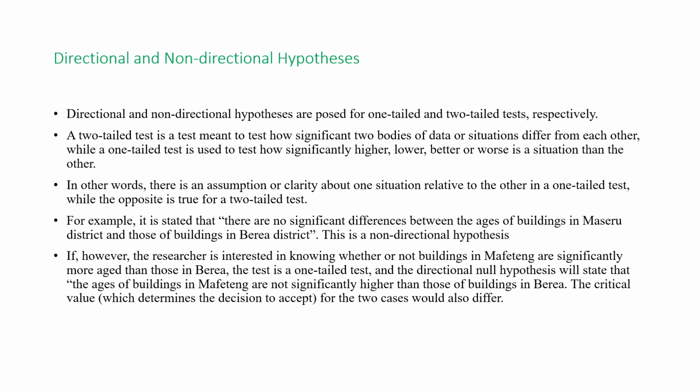That gives you an idea that you need a directional hypothesis, which will state that ages of buildings in Mafeking are not significantly higher than those of buildings in Berea. The critical value which determines the decision to accept for the two cases will also differ.